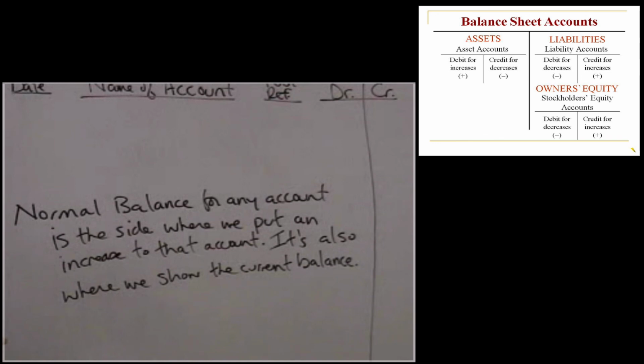And all stockholders' equity accounts, which right now we only have two, common stock and retained earnings, have a normal credit balance. So assets, we increase with a debit and we decrease with a credit. Liabilities increase with a credit, decrease with a debit. And stockholders' equity accounts increase with a credit, decrease with a debit.